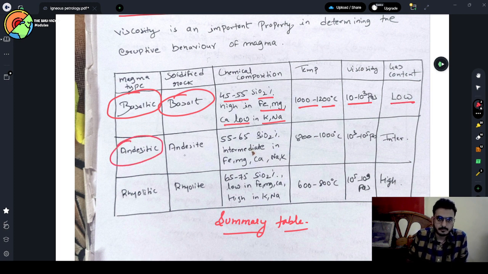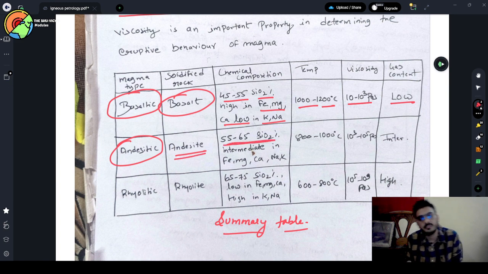Andesitic magma will solidify to andesite. SiO2 percentage is between 55 to 65%. Intermediate amount of Fe, Mg, Ca, Na, K is present. Temperature is around 800 to 1000 degrees, and viscosity, if you see, is increasing. Now it is 10 to the power 3 to 10 to the power 5 pascal. Gas content is intermediate.